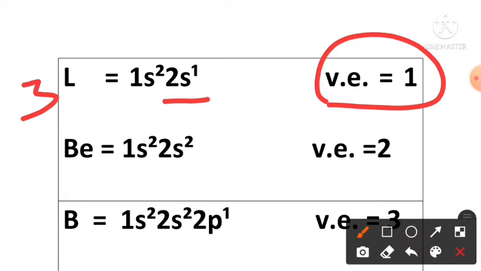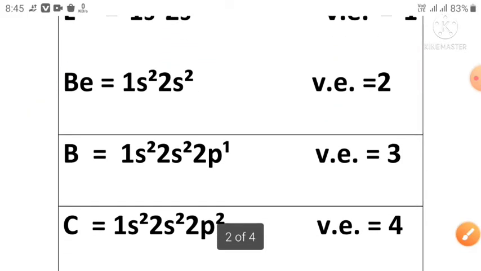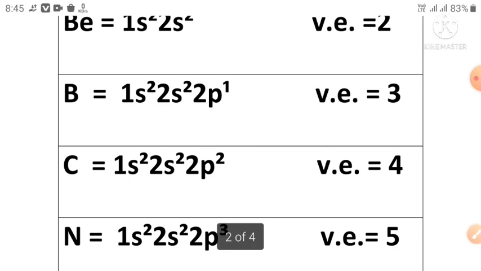Now beryllium. We know that Z of beryllium is 4. So we write its electronic configuration 1s2, 2s2, and in this element the outermost shell is 2s2 and the number of electrons present is 2. So the valence electron is 2. Now we look at the next element, boron.